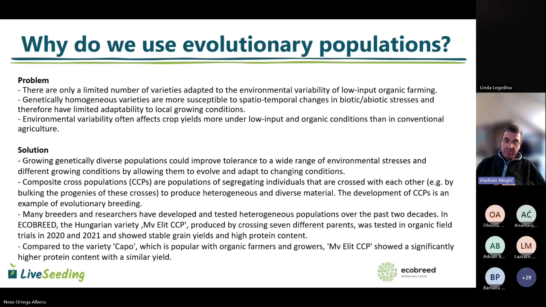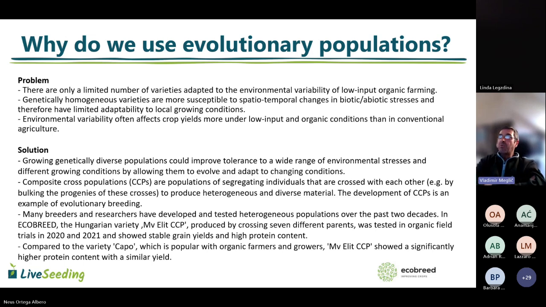And within the project, we have decided that we will deal as well with the evolutionary populations, with the magic populations, predominantly in wheat. And we have set up some of the questions that we need to deal with, or problems that we would like to answer.